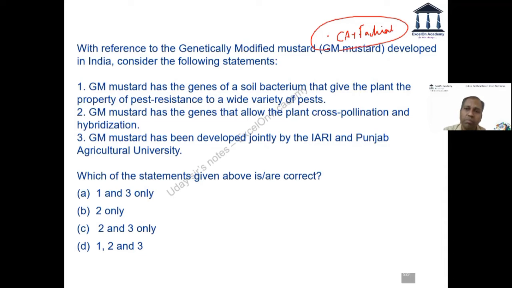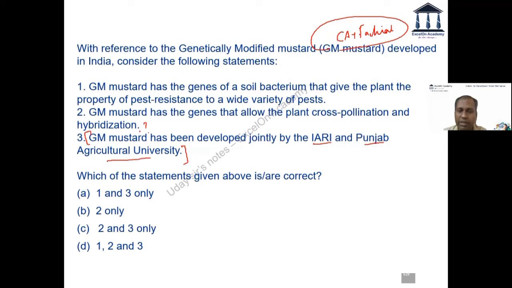Since I did not know this answer, here is what I learned from this question. One thing is that, as always, there is one option on an organization, which reinforces that we need to be cognizant of which organization does what role. GM mustard has genes that allow plants cross pollination, hybridization.